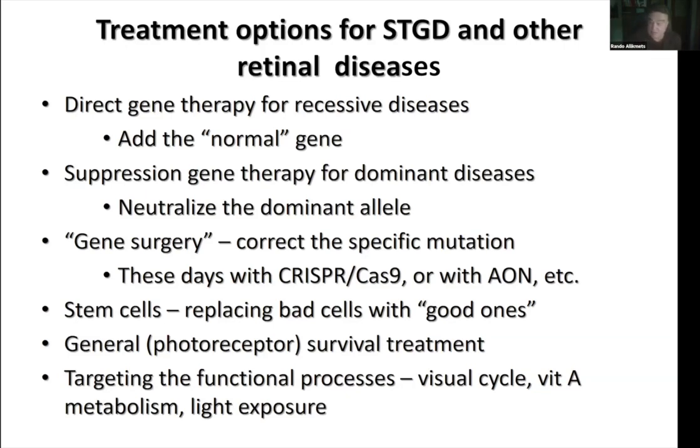That's a fantastic method, but for Stargardt it's probably not so great, because we have so many mutations that cause Stargardt disease that doing them one by one is impossible. And as I say, probably for recessive diseases it's mostly not even that important. But that's another thing that people are trying.